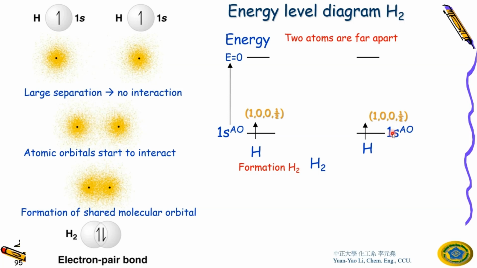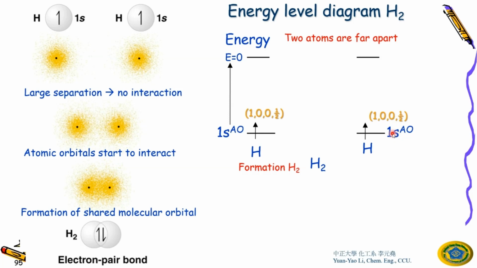For example, if you have three energy states in one atom and another three energy states in another atom, if you put these two together, you will have six energy states.